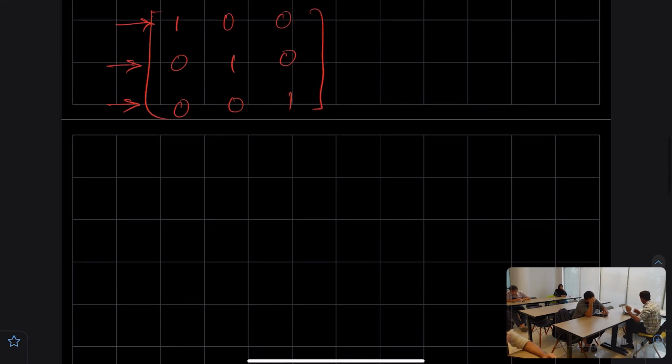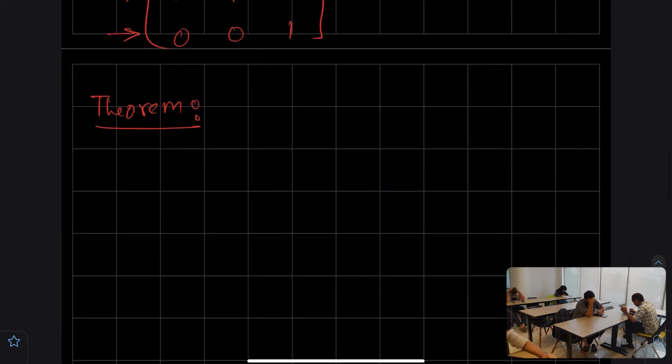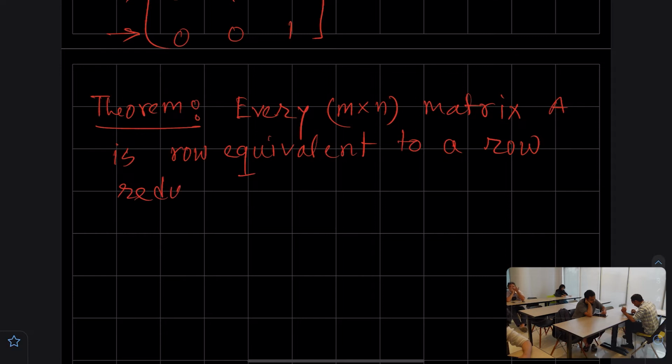Okay, so let me state a theorem. Every M cross N matrix A is row equivalent to a row reduced echelon matrix.